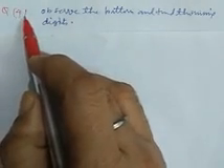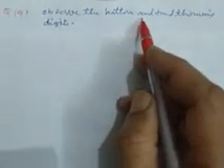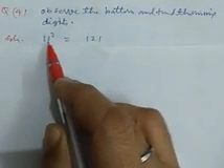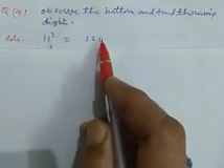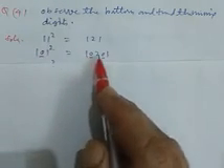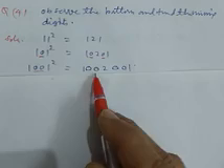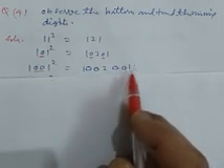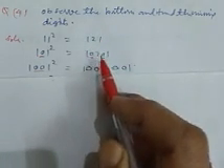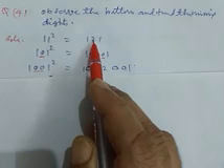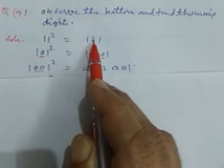Now question number 4. Observe the pattern and find the missing digits. Here is the pattern: 11 square is 121, 101 square is 10201, 1001 square is 1002001. By observing this pattern we can find that in the middle there is 2.